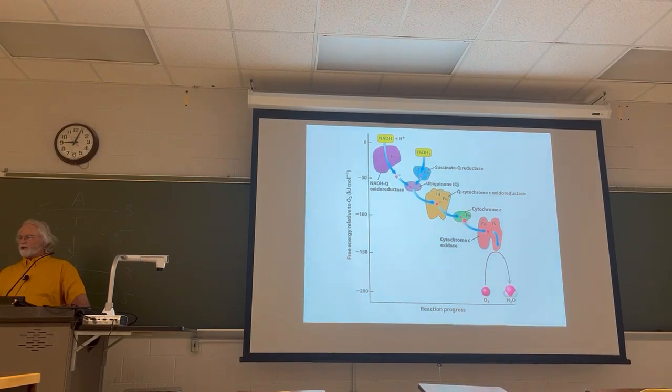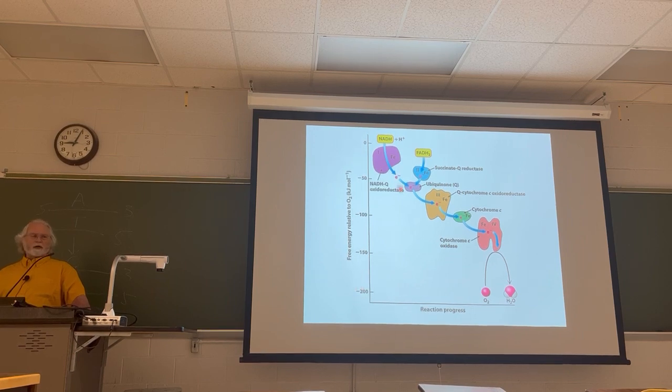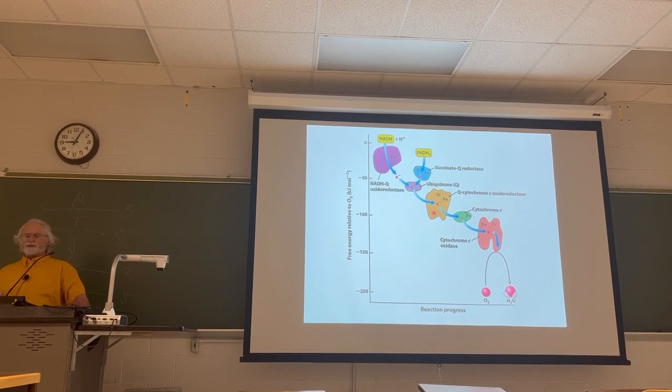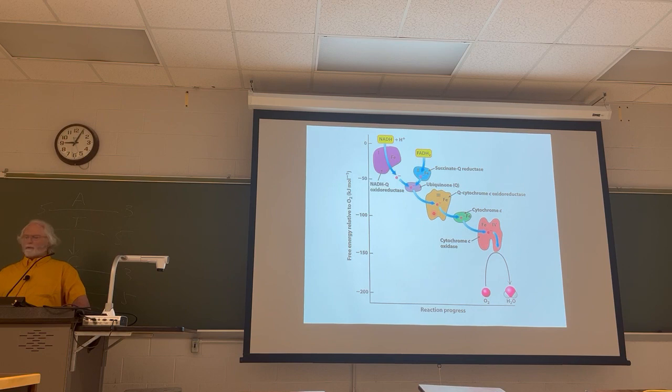Complex 3 transfers electrons to cytochrome C. Cytochrome C transfers electrons to complex 4. And complex 4 is where oxygen is reduced to make water. As we go along this electron transport chain, we're going to talk about these components one by one in a minute. We see a decrease in free energy of the electrons, and the energy that was stored in NADH and FADH2 is recovered in a proton gradient.